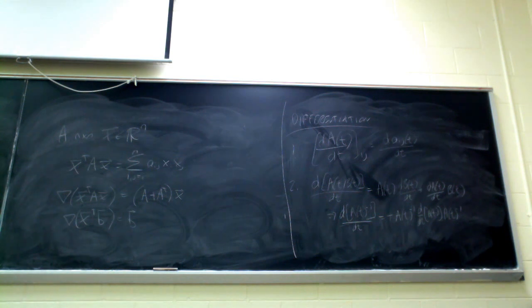Because if n is equal to 1, this is a linear function, bx, and the derivative of bx, of course, is b. Okay. So when we get to the least squares problem, also the conjugate gradient method of steepest descent for solving certain systems of linear equations, these formulas will be useful for that.